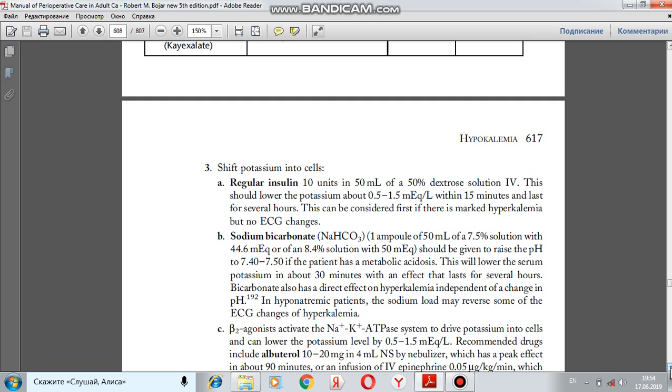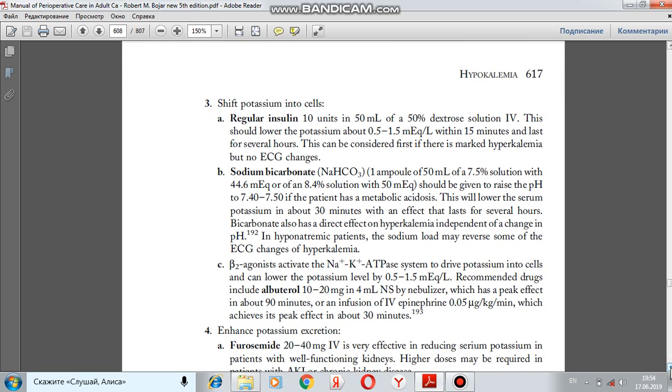3B. Sodium bicarbonate. Sodium bicarbonate, 1 ampoule of 50 milliliters of a 7.5% solution with 44.6 milliequivalents, or an 8.4% solution with 50 milliequivalents, should be given to raise the pH to 7.40 to 7.50 if the patient has a metabolic acidosis.